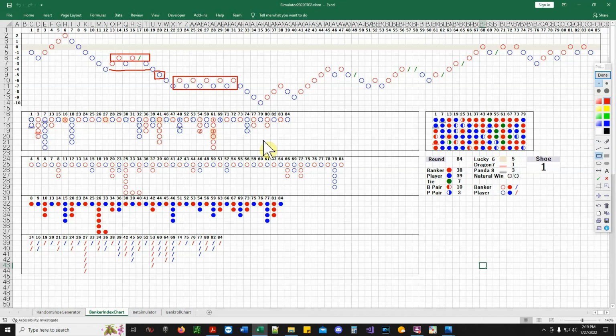Now, with that being said, if I'm not mistaken, correct me if I'm wrong, these 3 right here, player, banker, player, that is the thumbtack, correct? So I thought. I think that's called the thumbtack. Yeah, if you're looking for some type of particular pattern, bet that pattern.